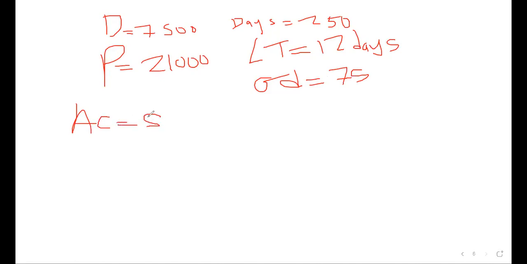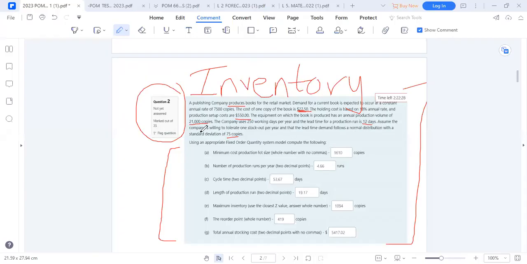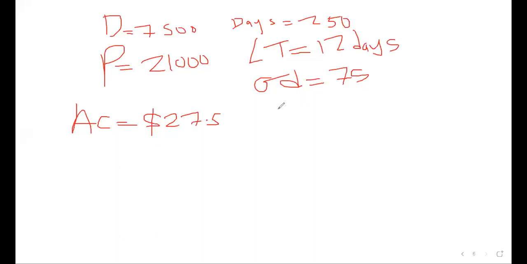The AC is the acquisition cost per unit, which is 27.5. Okay, and then this is what is given here. Now the other information in the question says, assume the company is willing to tolerate one stock out unit per year. So they are willing to tolerate it.